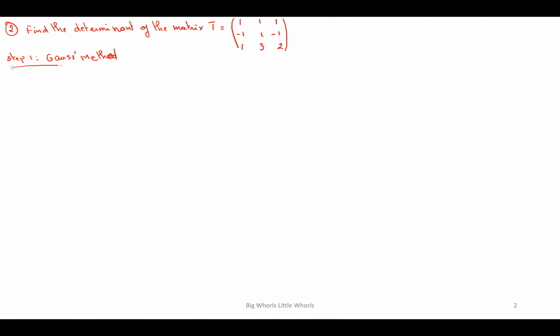Okay. So we have 1, 1, 1, minus 1, 1, minus 1, 1, 3, 2. So we will perform Gauss's method first.